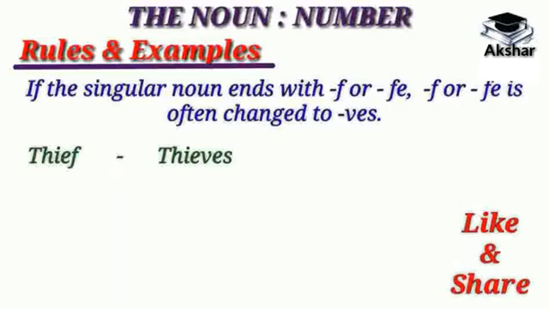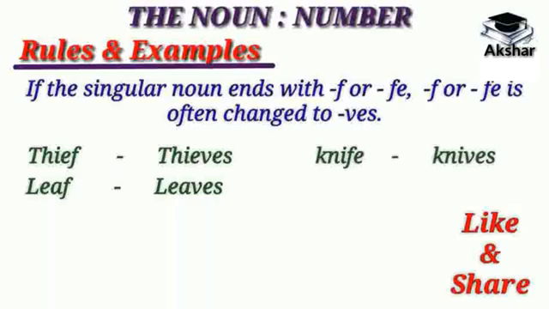Look at the example according to the rule. The last letter is f. So that's why we are using ves in the place of f to change it into plural. Leaf is going to be changed into leaves because look at the last letter. The last letter is f. That's why we are using ves. So here are some more examples like the same.